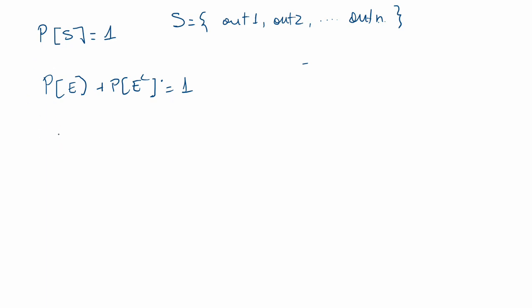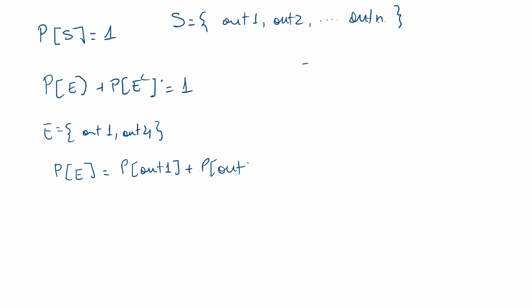We also saw that when we have an event that is composed of different sample points, right? Let's say outcome 1 and outcome 4. The probability of this event is actually the sum of the individual probabilities. So the probability of outcome 1 plus the probability of outcome 4.